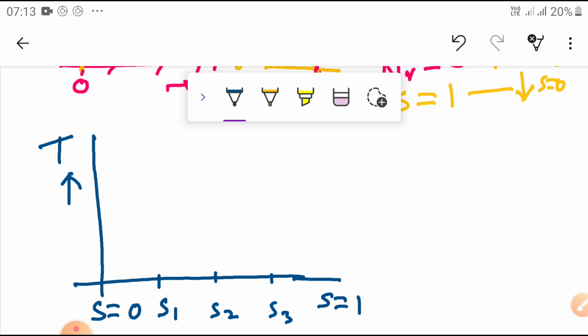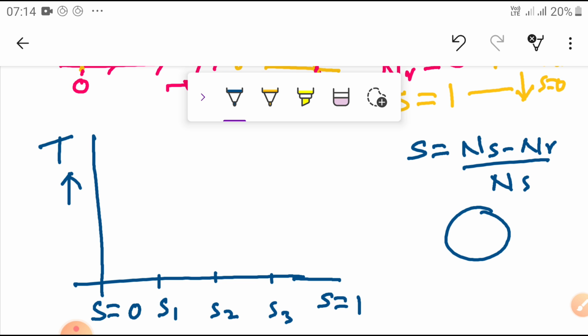Now what happens here? S is equal to 0. What is the condition? S equals Ns minus Nr, the relative speed, divided by Ns. Now the rotor speed is very high, near to synchronous speed. For example, take P equal to a 4-pole machine.